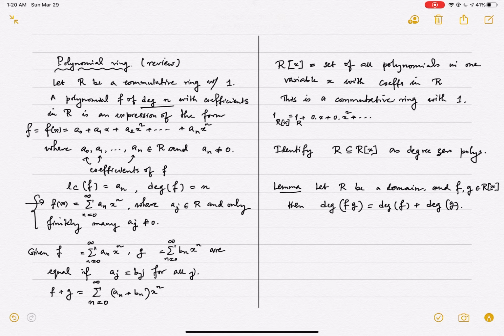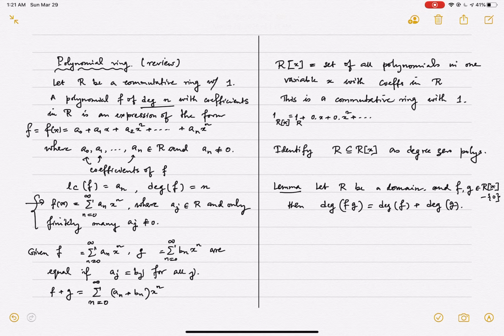To be exactly correct, I should say that these are non-zero. I don't know if I have defined the degree of the zero polynomial. If you want to make this true also for the zero polynomial, you have to define the degree of the zero polynomial to be minus infinity. But so I should say non-zero polynomials. Then this is certainly true.